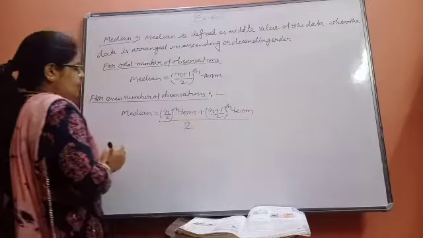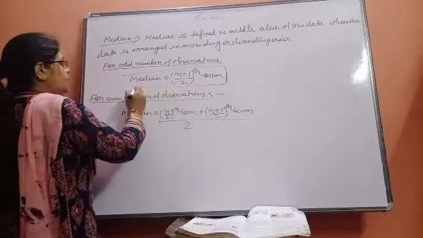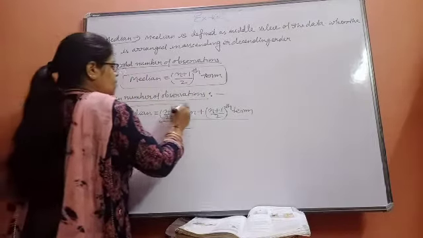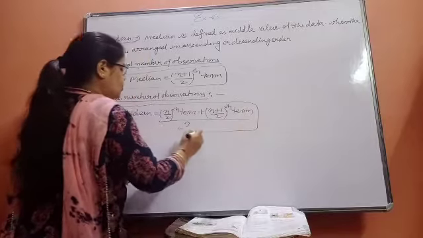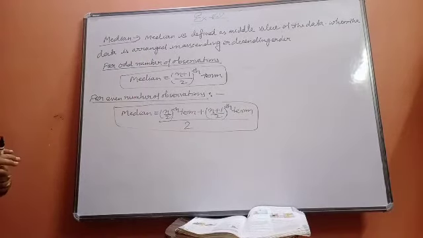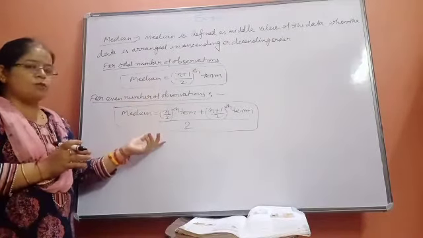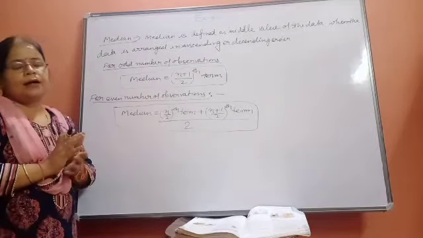Whatever will come, that will be the median. These are two important formulas. If you keep them in your mind, you will not have any problem understanding this topic. It is not a very difficult topic, it is very easy and simple. Only these two formulas are there to find the median.